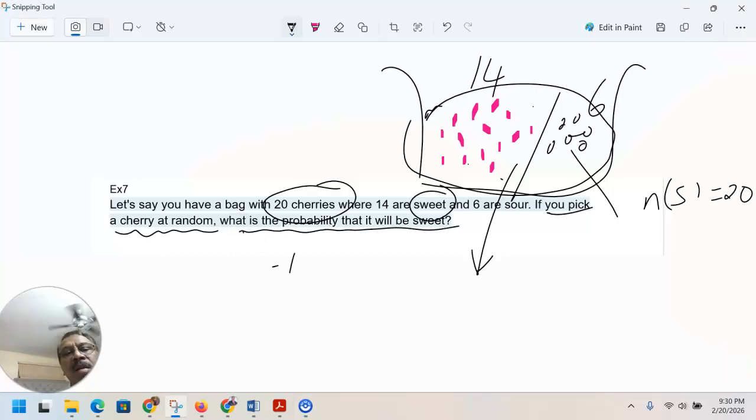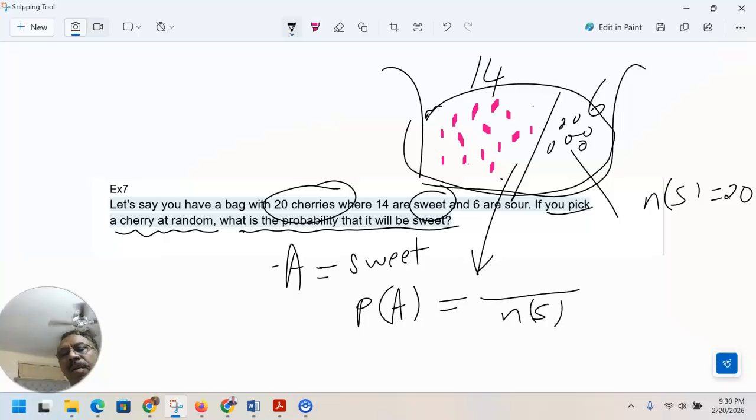So your event is when you pick one of the fruit and it is sweet. So the probability of that being sweet is the number favoring the sweet over the whole sample space. The number favoring the sweet is the pink color.